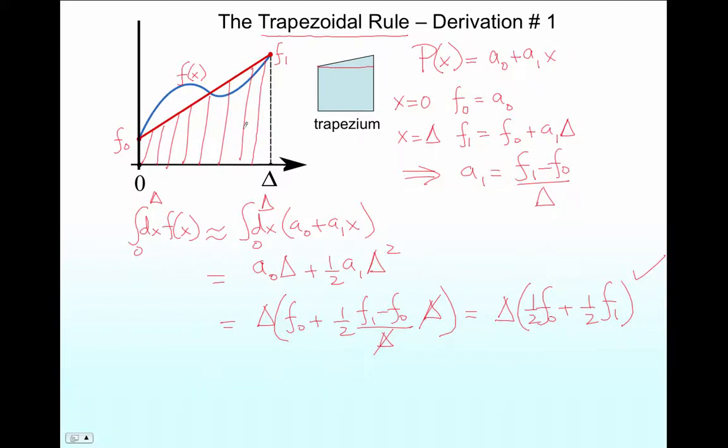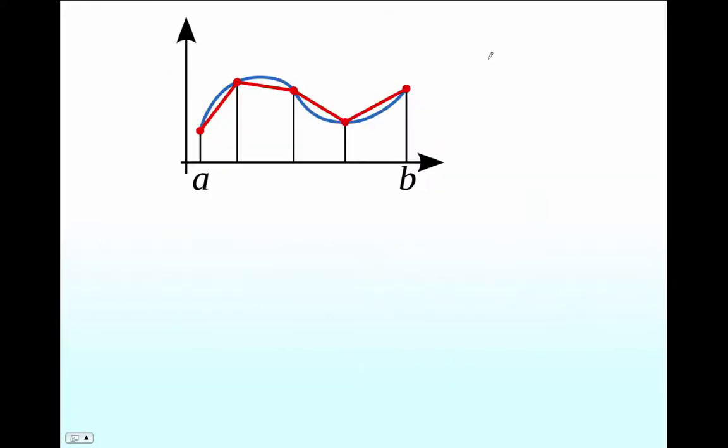So let's make a lot of partitions, and by doing so make delta smaller and smaller so that the straight line approximation becomes better and better. Let's see what the trapezoidal rule gives to us when we have more points. So we're going to chop up the interval between b and a into n points, and so delta will be b minus a divided by n. In this case, n is 4.